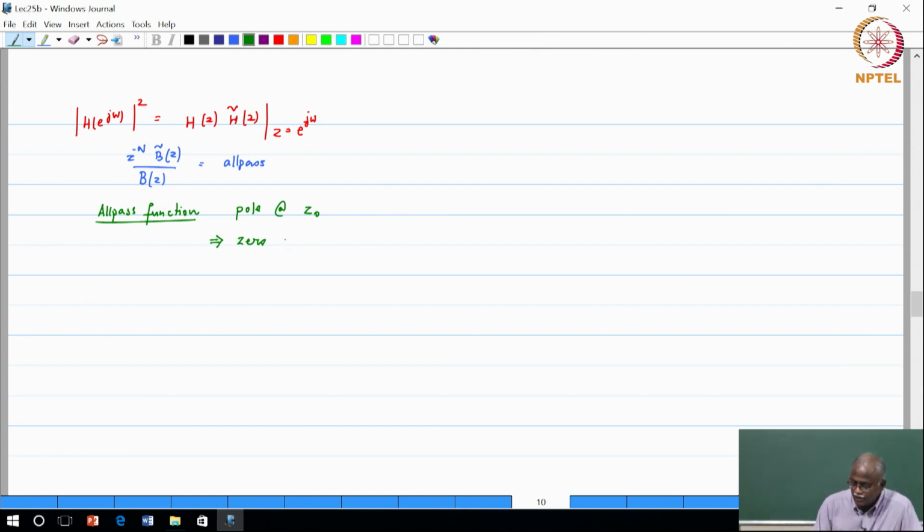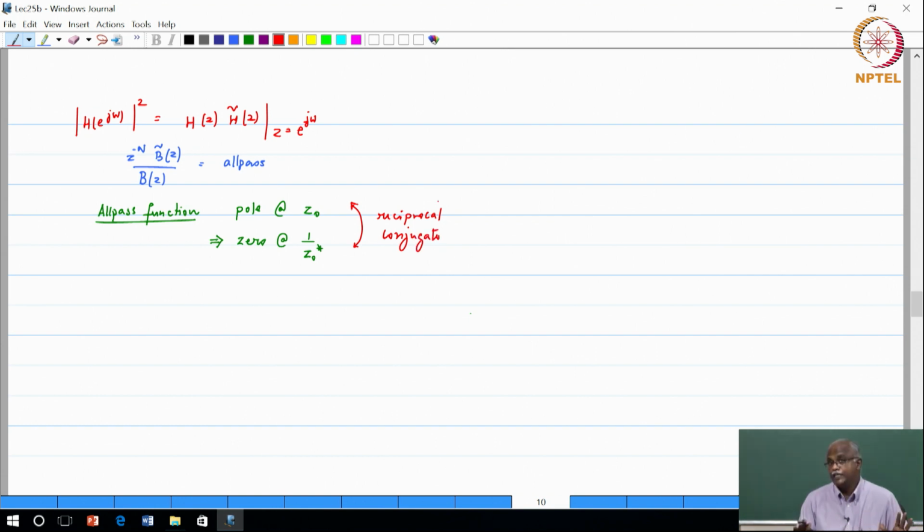So there has to be a zero at 1 over z0 conjugate. So there is a reciprocal conjugate relationship between the poles and zeros. Please make a note of that: reciprocal conjugate locations.